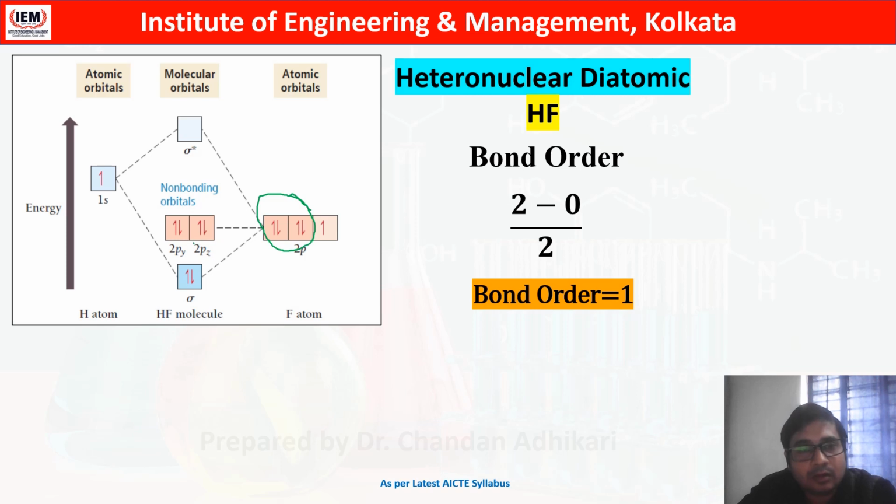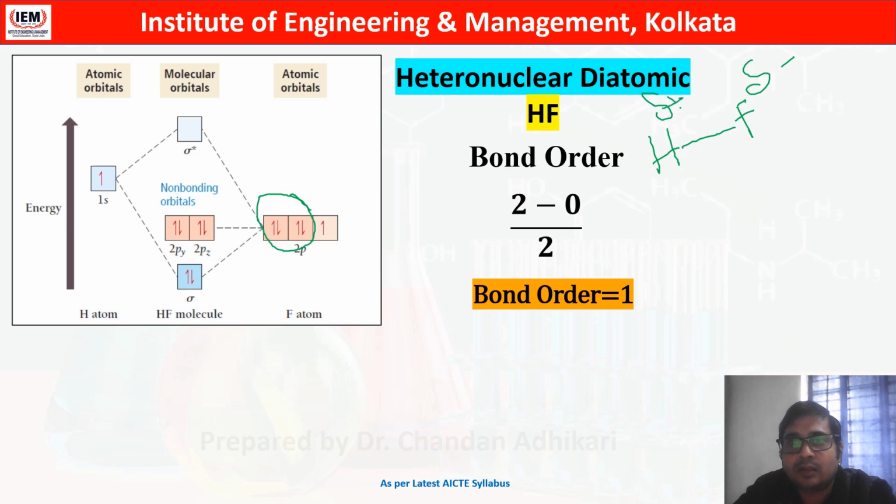And if you look at all the electrons, the molecular orbitals are very, very close to fluorine because of the electronegativity. So most of the electron density will be close to fluorine, and that's why hydrogen gets some positive charge and fluorine gets negative charge. You probably know from your plus 2 level that if you write HF, we generally write delta negative here and delta positive here.